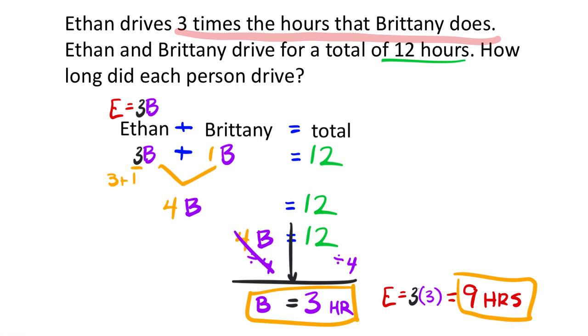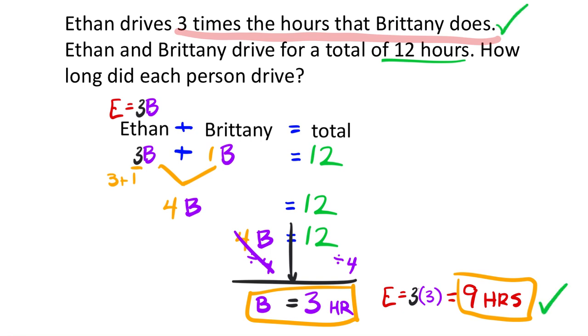Now that's all fine and dandy, but the last thing we need to do is check to make sure that these 2 conditions up here, that Ethan has actually driven 3 times Brittany's hours, and then that it's a total of 12 hours, now that we figured them out. So first up, this one satisfies the first condition right there, so we're going to check that one off.